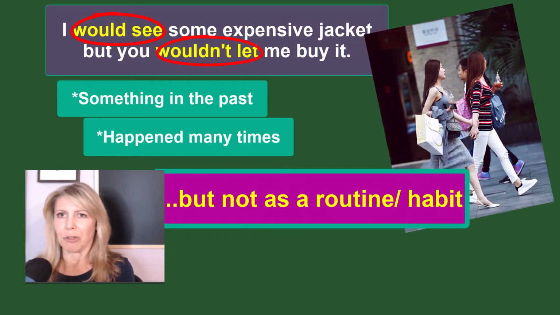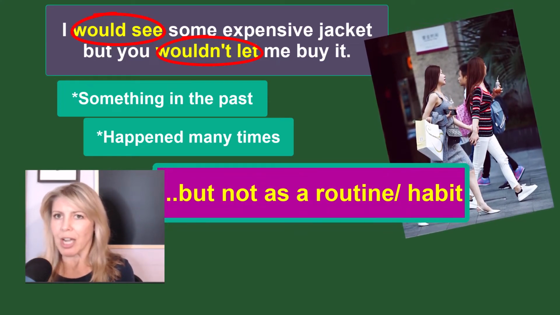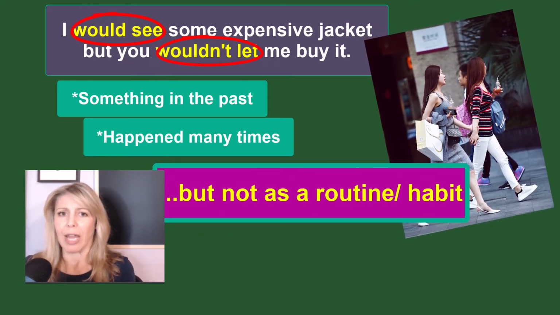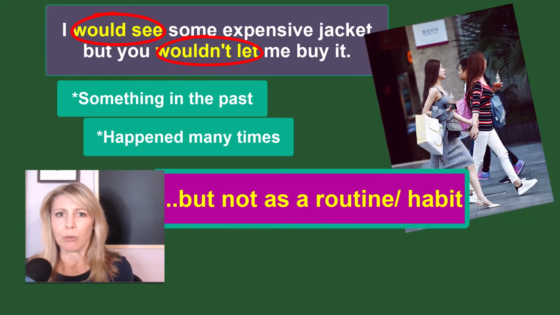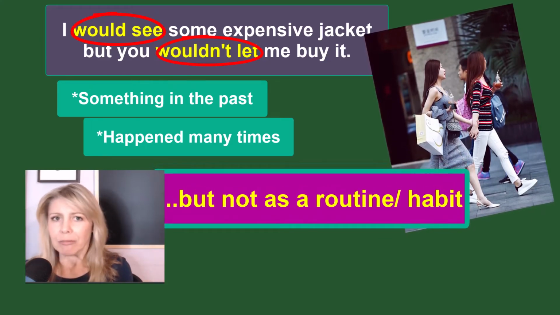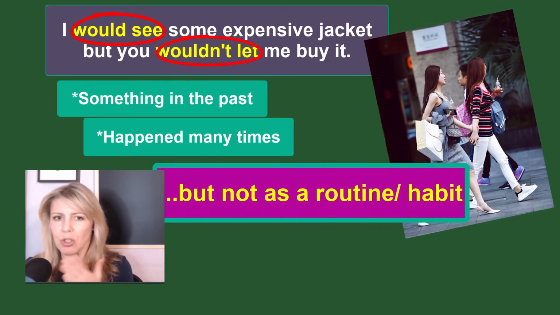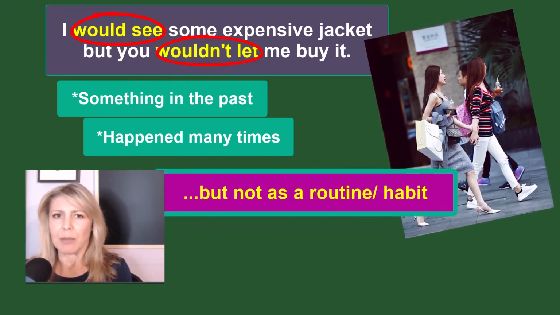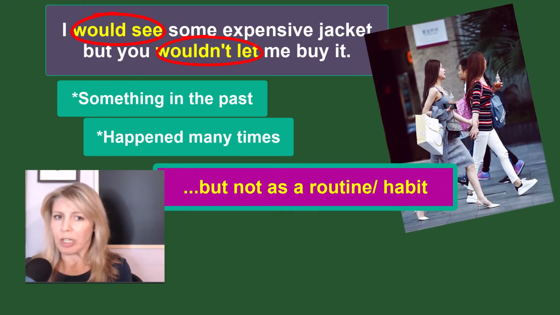This is in general. I didn't see a jacket every single time, but I saw some items. I'm just using an example of something that would happen whenever we would go shopping, and it was just whenever. So it wasn't really a strict routine, and it's very common in those types of situations to use would.